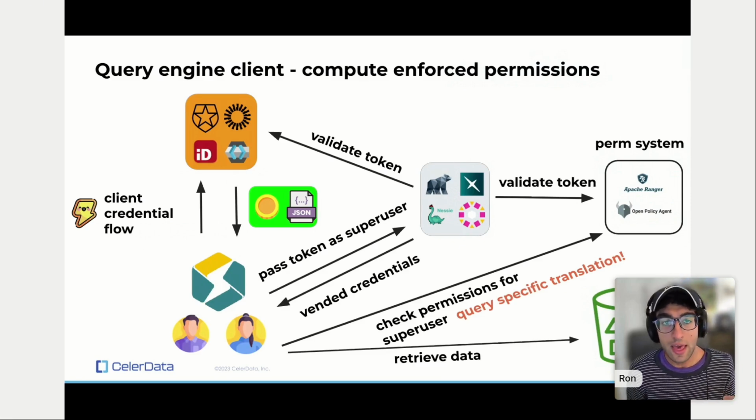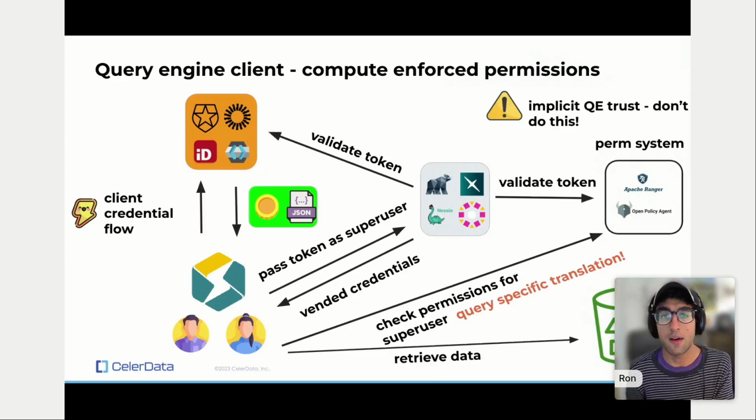Now, given that that's the case, this is not obviously ideal because we have implicit query engine trust, and we're giving the query engine pretty much access to the whole house. That is one aspect, and two, it's query specific. So in Iceberg, in the REST catalog, we want something universal, right?